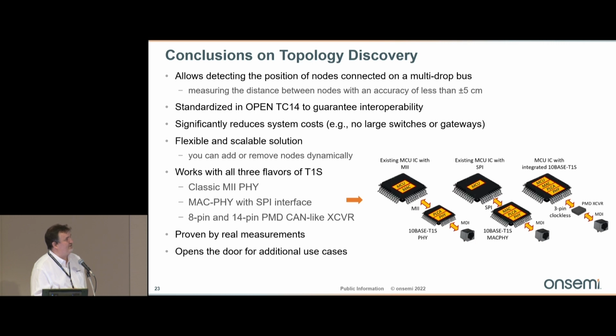All of these 3 flavors of 10BASE-T1S support topology discovery. That's been proven by real measurements. And it also opens the door for additional use cases. This is work in progress, but this technique can be used for detecting faults or any kind of problem you may have on the link, for example missing terminations and cables that are bent and create reflections, and so on.